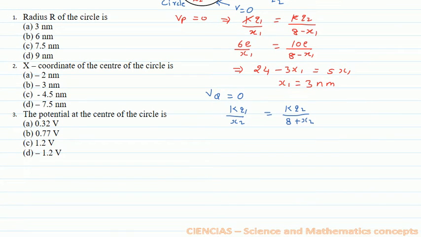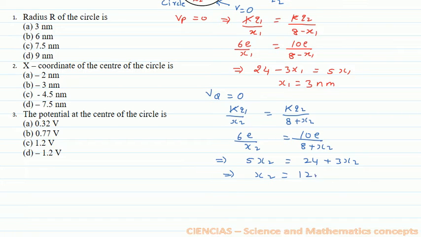So k gets cancelled, which gives 6e upon x2 equals 10e upon 8 plus x2, which further gives 5x2 equals 24 plus 3x2, so x2 equals 12 nanometer.